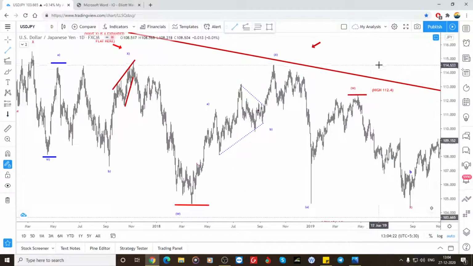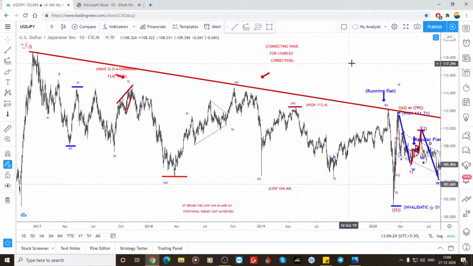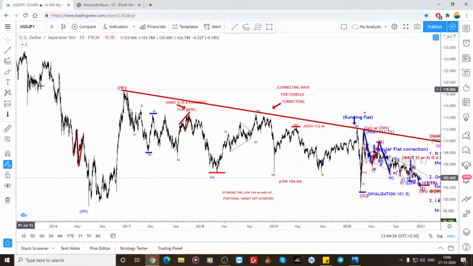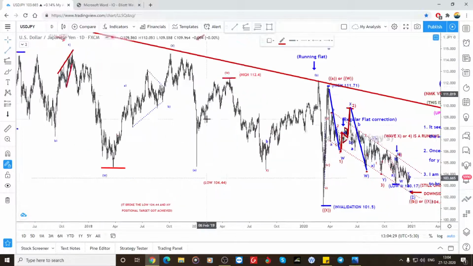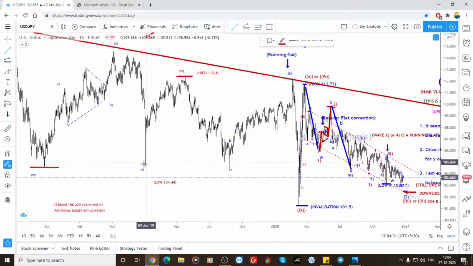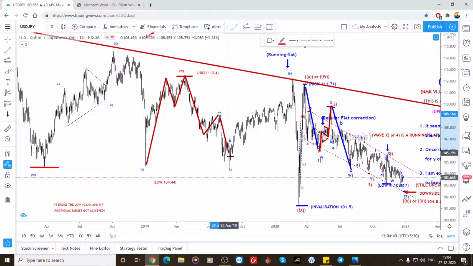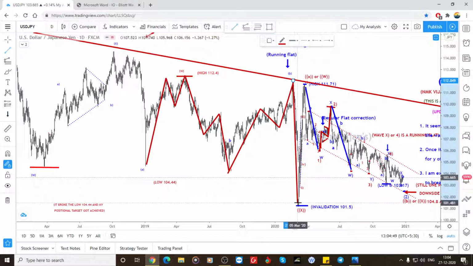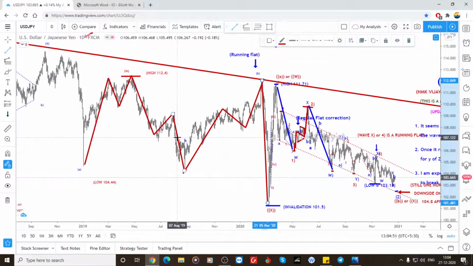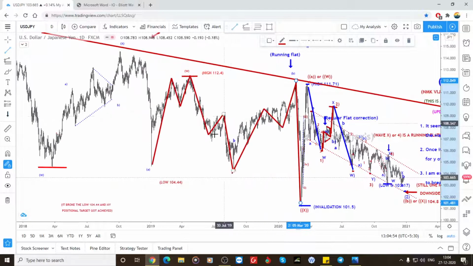Here it's a 3-wave structure, and again this is a 3-wave structure. Again this is also a 3-wave structure, but this drop is a 5-wave structure, right?